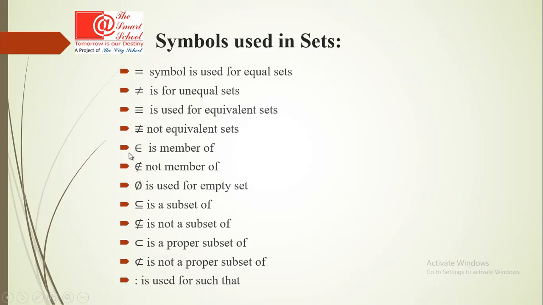And this symbol which we learned in our first video is member of. This is the sign of member of, and this is when it is not a member of. This sign is for the empty set, and this is subset, and this is not a subset, and this is a proper subset, and this is not a proper subset. And the last is for such that. Where do we use this sign? Yes, in set builder notation. Very good.